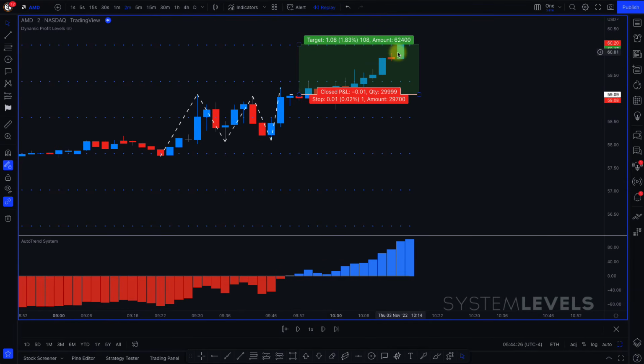So in this case, I'm closing my trades in thirds. So I sold 1/3 of my position as we hit our first DPL, our first profit target. And at that point, I can completely eliminate the risk of that trade because I can raise my stop loss from its original position here to now break even. So I have eliminated the risk from that trade.